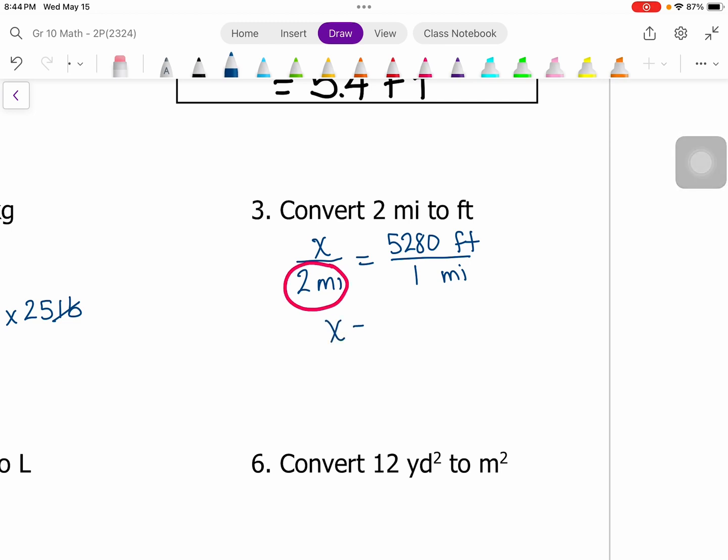So x is equal to 5,280 feet per 1 mile times 2 miles. The miles will cancel, so we have 5,280 feet times 2 divided by 1, which is equal to 10,560 feet. So 2 miles is equal to 10,560 feet.